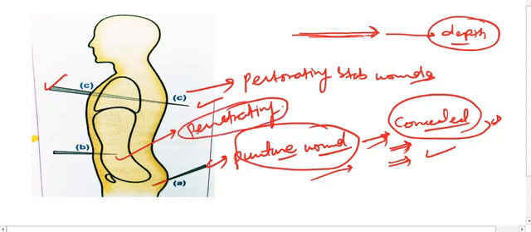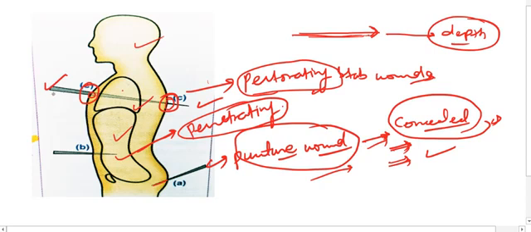Now penetrating wounds are the wounds which are reaching into a cavity, whether the peritoneal cavity, the pleural cavity, the cranial cavity or any other cavity. Now the perforating wounds are wounds which are traversing through and through, so there is an entry wound as well as an exit wound, like in the case of firearms. But in case of firearms, there is a small entry wound and a large exit wound, mostly; exceptions are there.